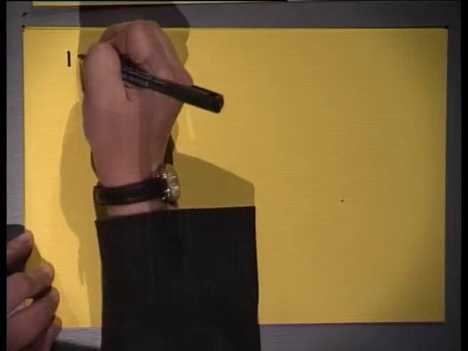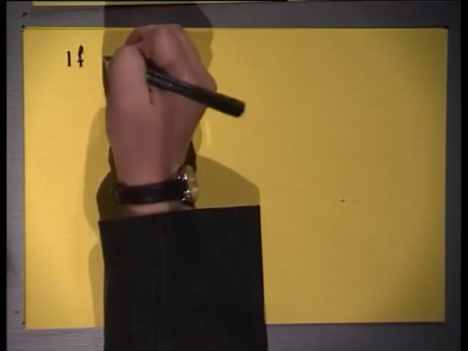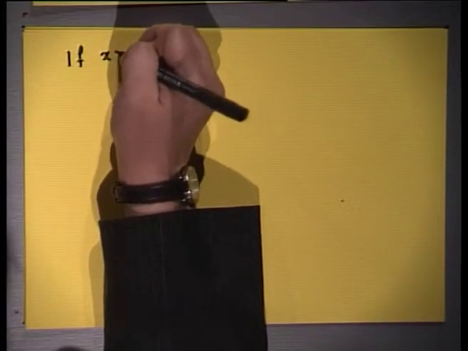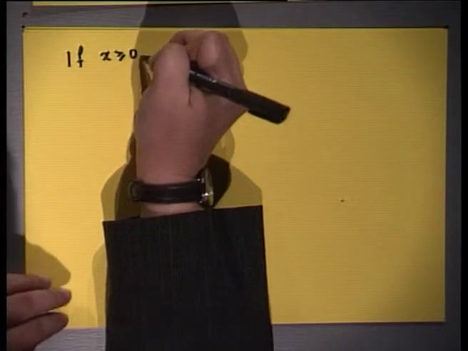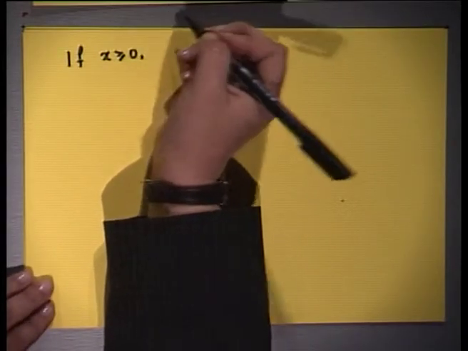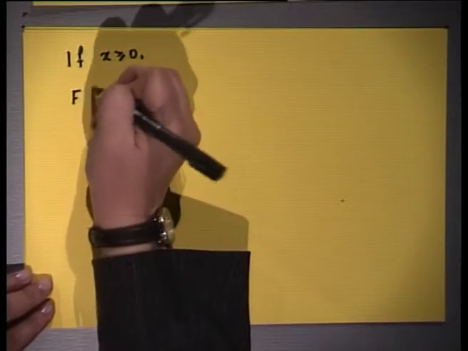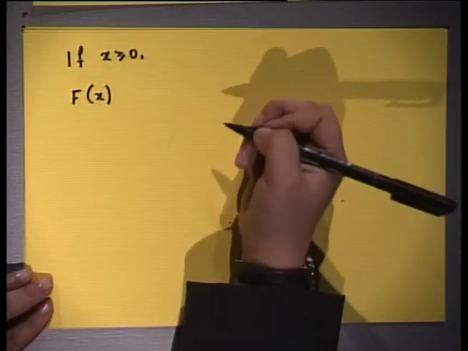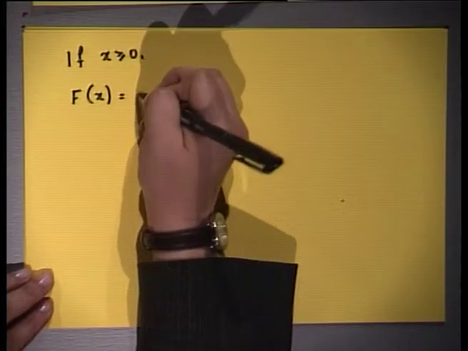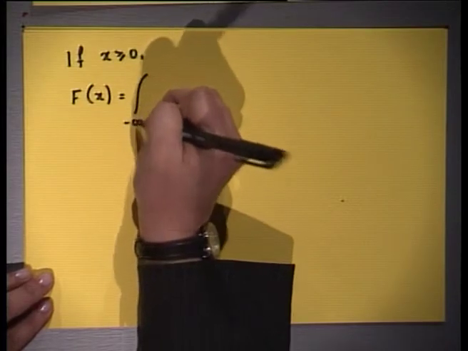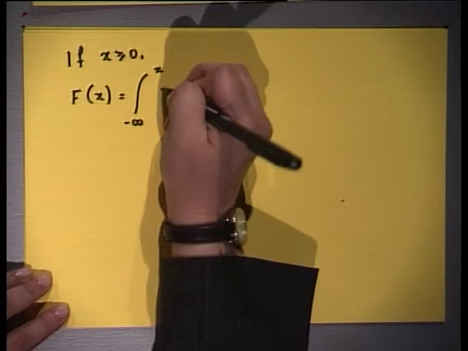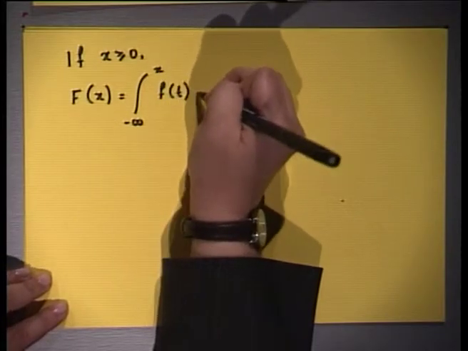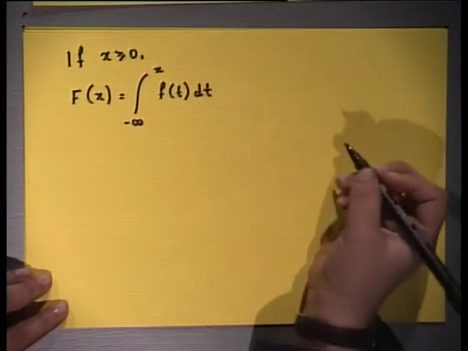So we have that if x is greater or equal to 0, F of x in this case equals the integral from minus infinity to x of f of t dt.